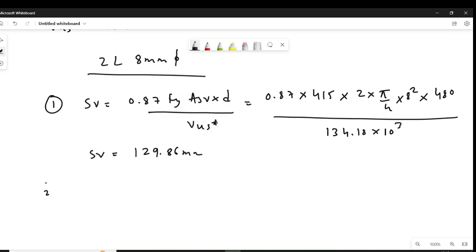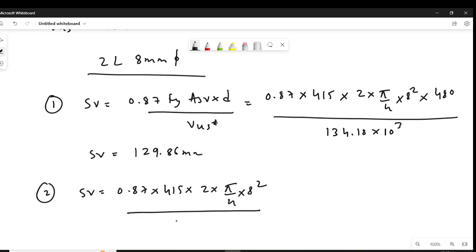We have three more formulas and we have to take the lesser value of the spacing. Second formula is Sv equals 0.87 into 415 into Asv, 2 into pi by 4 into 8 square, divided by 0.4 b, that is 0.4 into 230. This is coming as 394 mm.